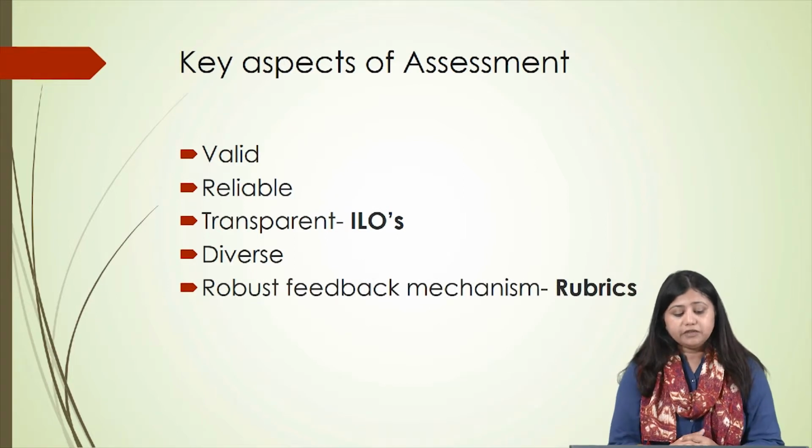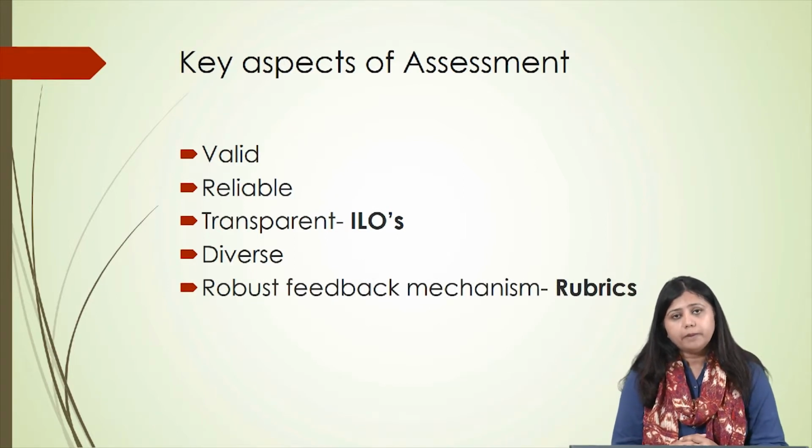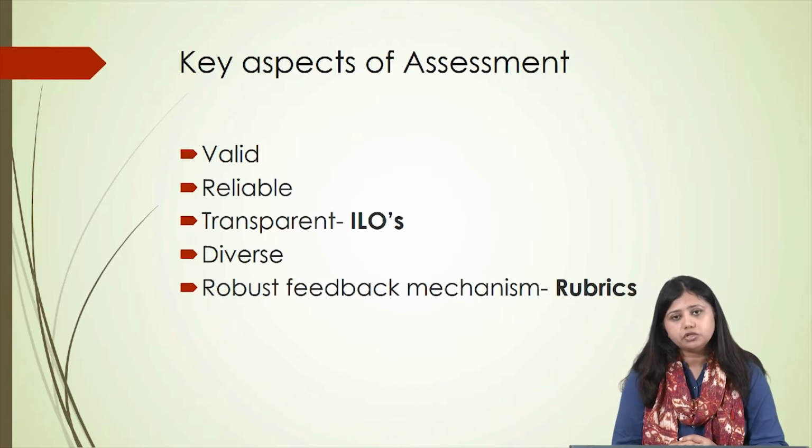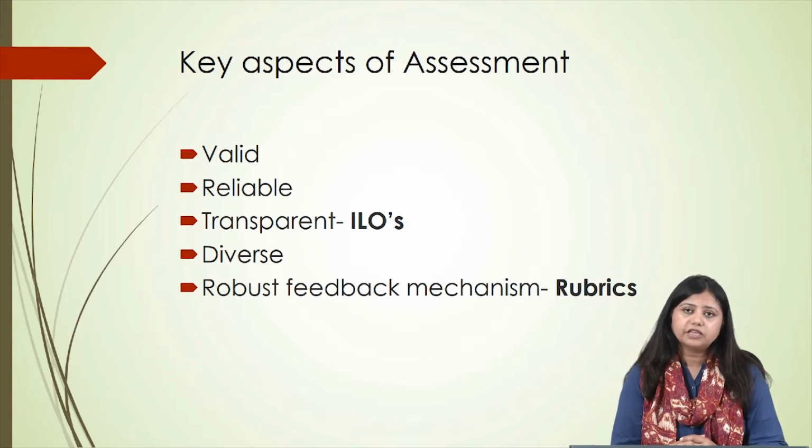The other point, which is more important, and I will talk more about it later in the session, is how to design a robust feedback mechanism. What this really means, and especially holds true for a formative assessment, is that formative assessment is designed to help student learning.